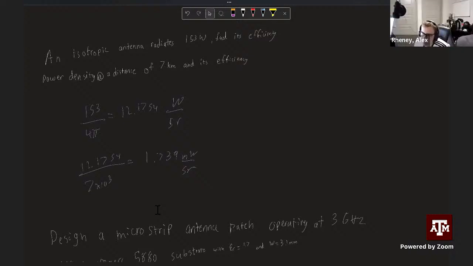PT is what we have. The power radiated is 153 divided by the power transmitted.